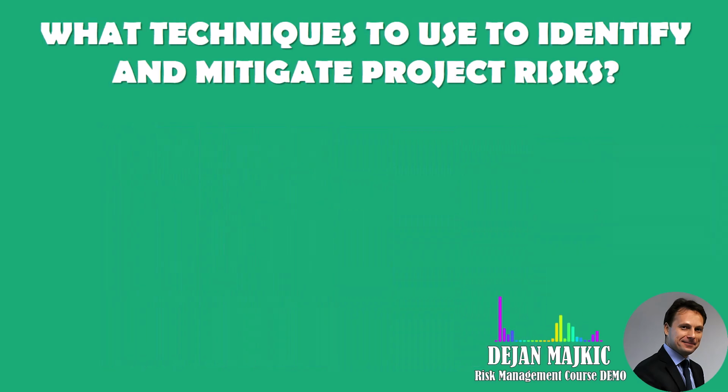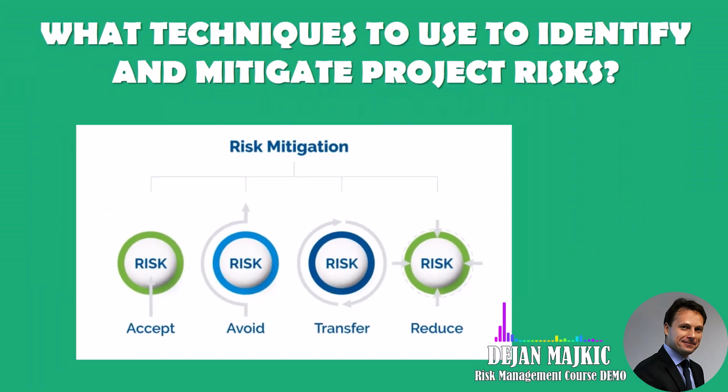What techniques can be used to identify and mitigate project risks? To mitigate project risk, we can look at a few different factors. You can create brainstorming workshops where you will identify and brainstorm risks associated with certain projects and different technologies.